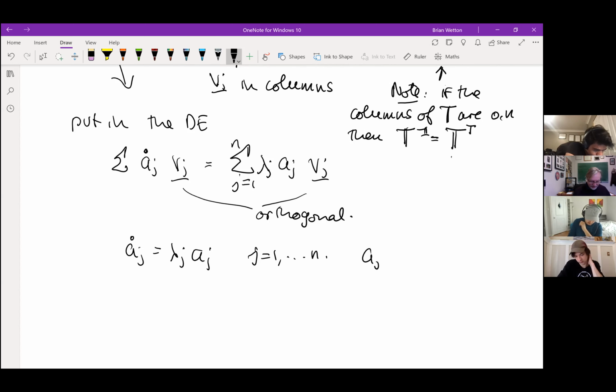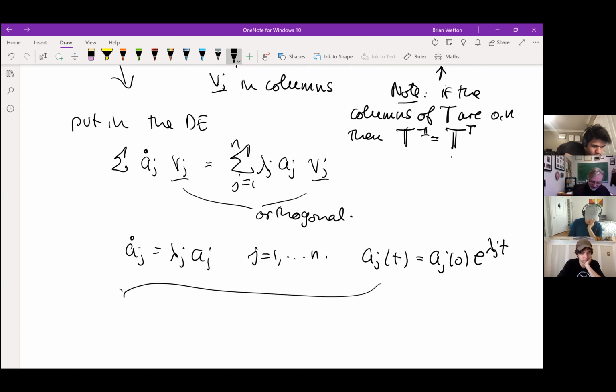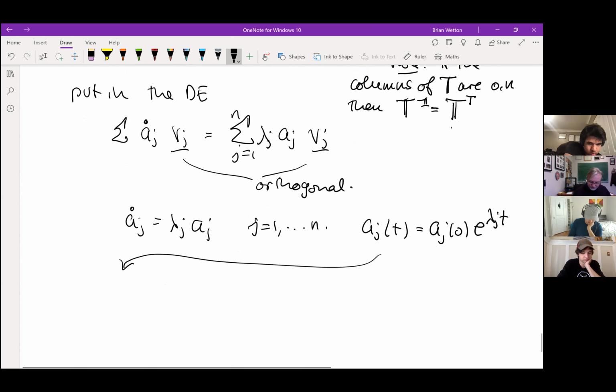Oh, well, that's an easy one, right? So now all of these guys separate. And I get separate exponential solutions for all of them. And I can put this together and say, this is the same thing as writing the vector A as a very simple matrix.